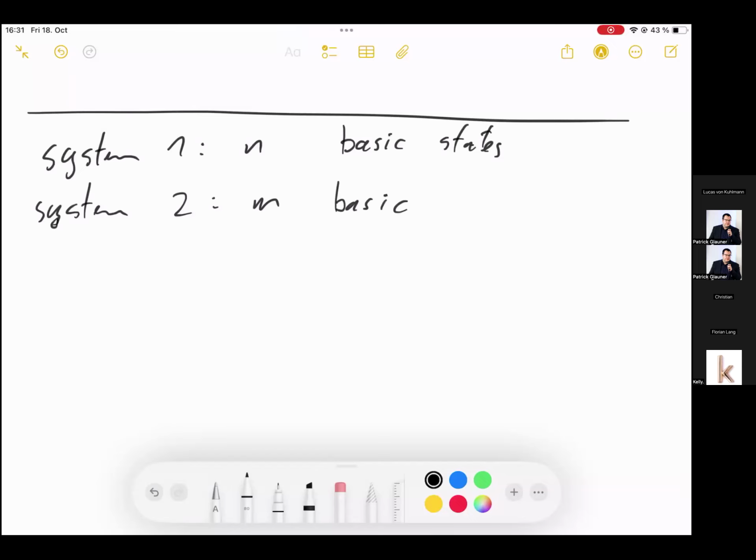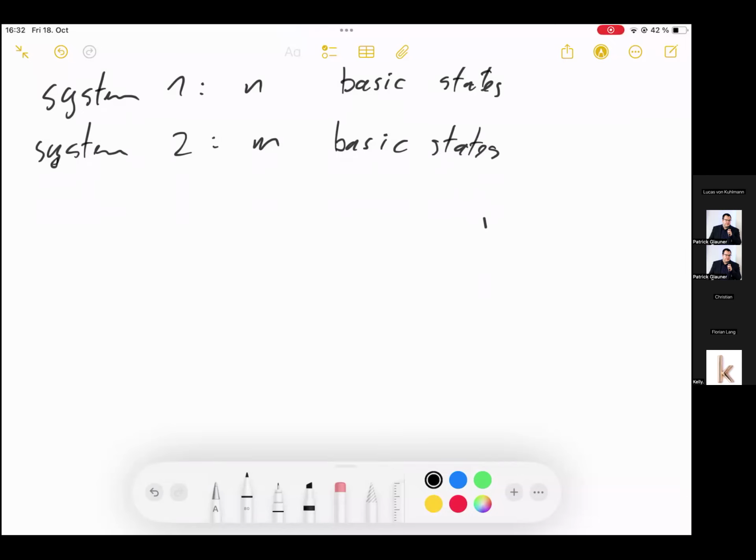Now we can look at the assembling of quantum systems in more detail, because meanwhile we've introduced basic states for quantum systems, and it helps us look at the interpretation of the tensor product in greater detail.